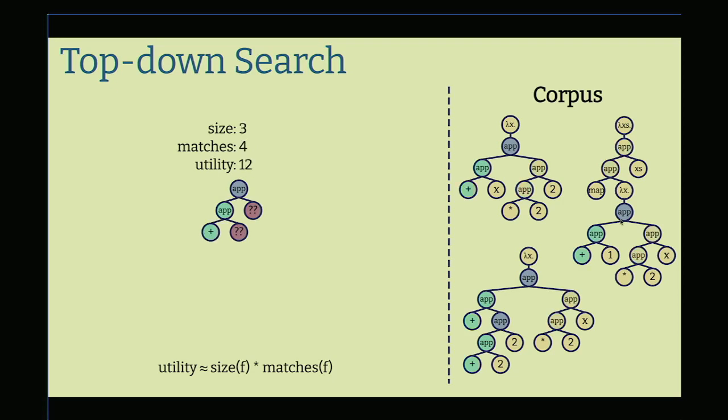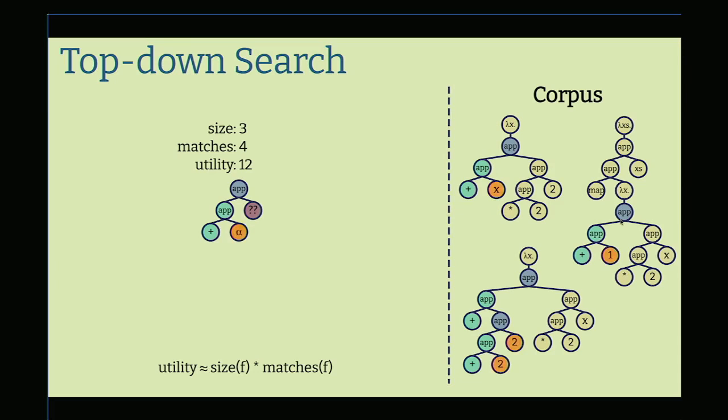And as we do so, our abstraction is going to be growing larger and larger, capturing more common structure, which will increase our utility. But it's also going to be becoming more specific. So it's going to be matching at a subset of the locations at each time, which is going to bring the number of matches down and thus the utility down.